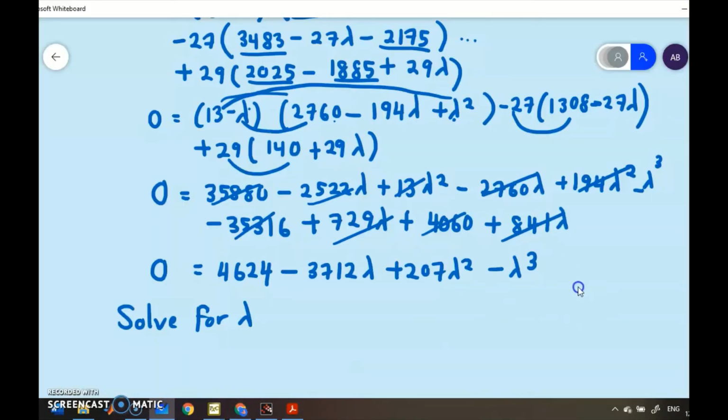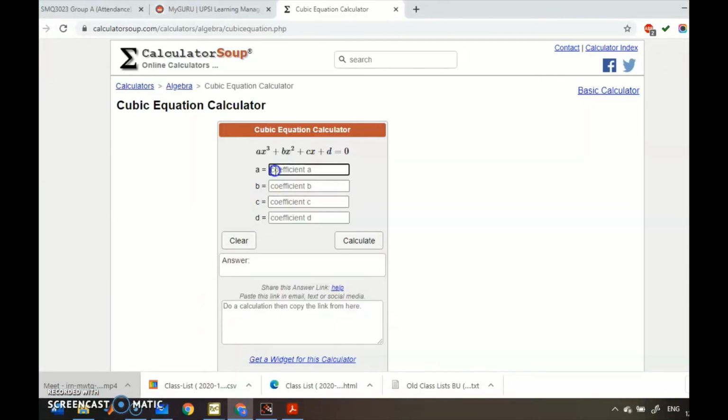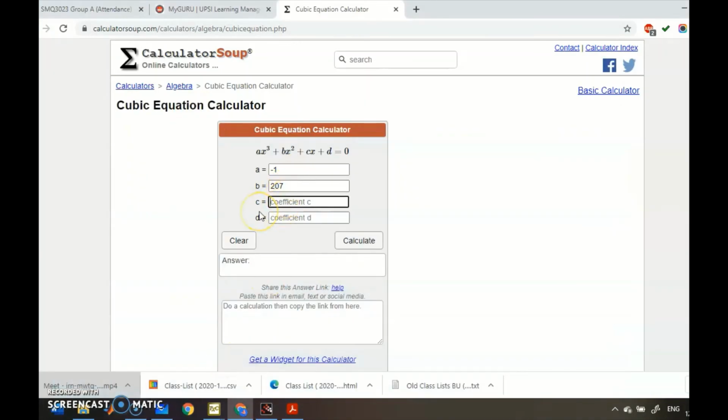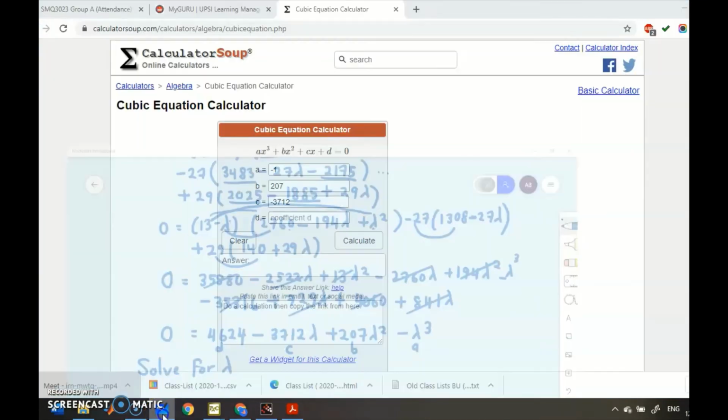This is my A, this is my B, this is my C, this is my D. So I have negative 1 for A, my B is 207, my C is negative 3712, and lastly my D is 4624.